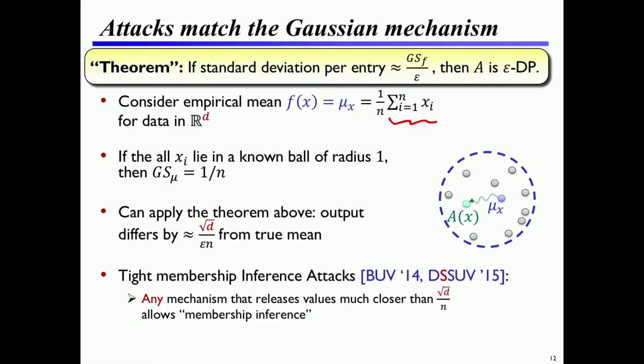So any mechanism that releases a vector that is much closer to the mean than square root of d over n admits a successful membership inference attack, regardless of how the mechanism works. And vice versa, if I'm willing to tolerate error square root of d over n times a small multiple, then I can design an algorithm that's differentially private.